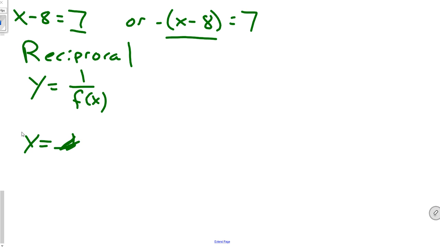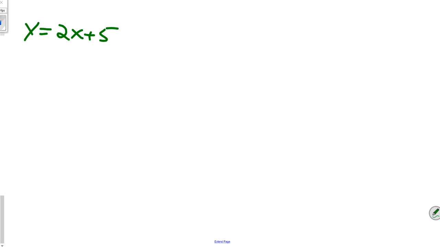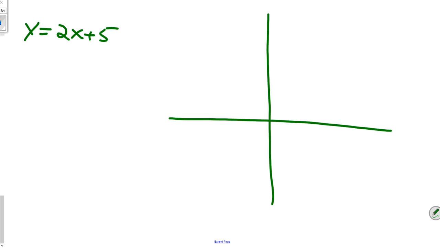Okay, so let's start by graphing. So this one again is y equals mx plus b, right? So my y-intercept is at what? Very good.